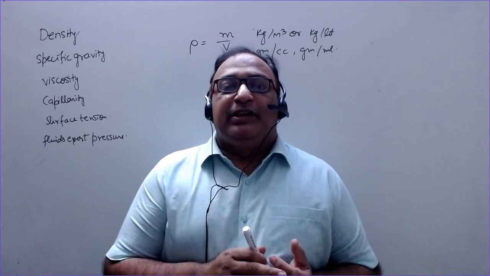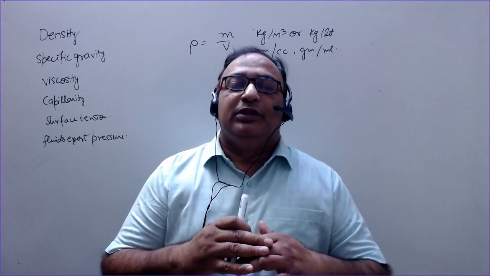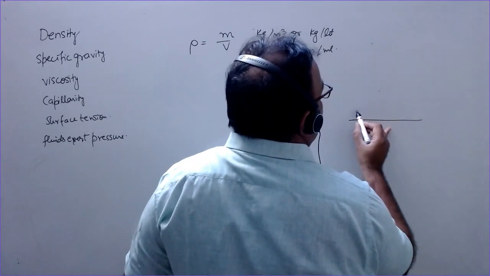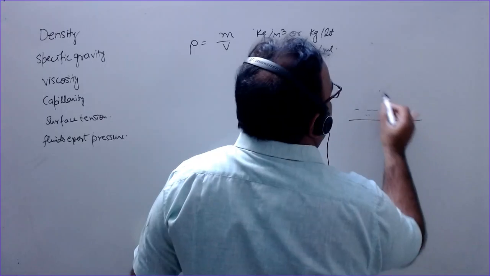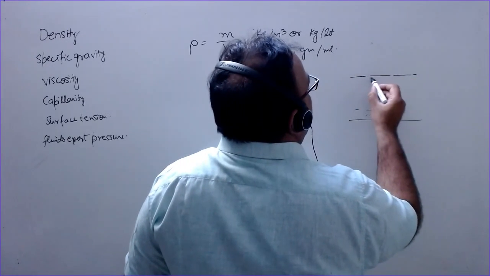So what is meant by that? When a fluid is, like inside the ocean, the part of the fluid which is at the bottom is compressed by the upper part of the fluid because of its weight.